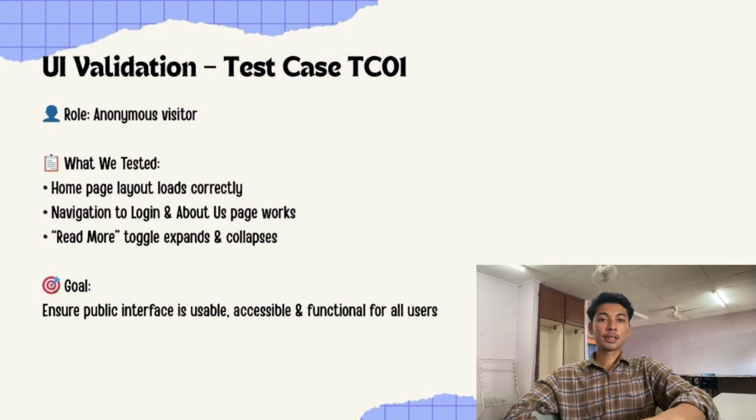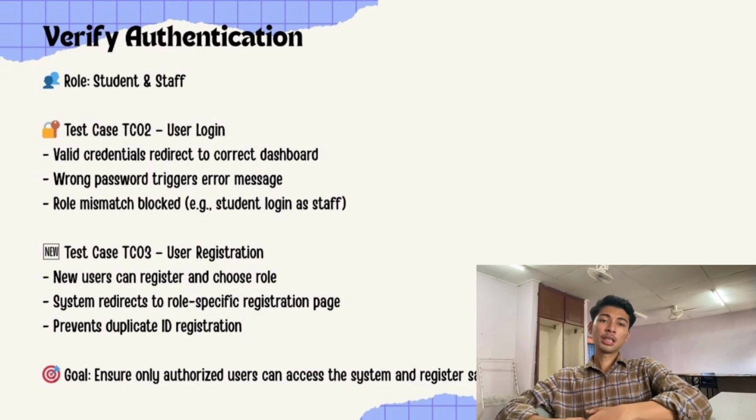We first test the user interface. This was done under test case number 1, where we verify the homepage display, about us section, and links to the login page. Next, we test the authentication function under test cases number 2 and 3. Here we check whether users, both students and staff, can log in using valid credentials.